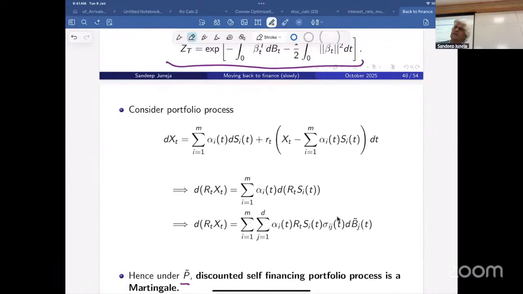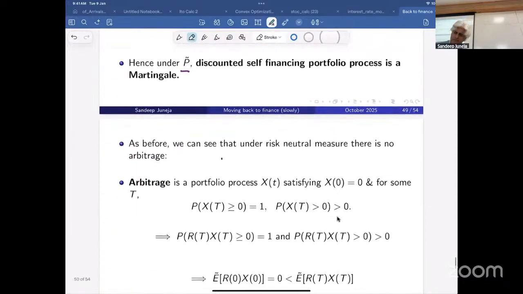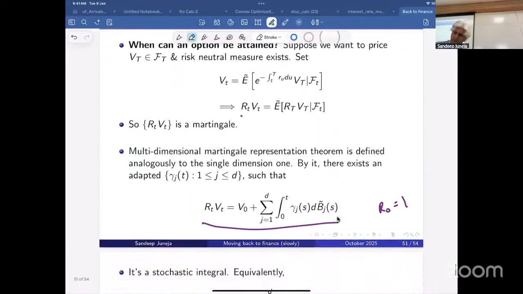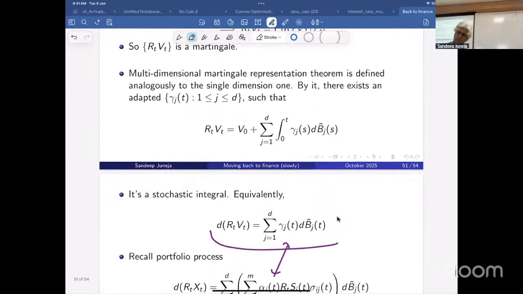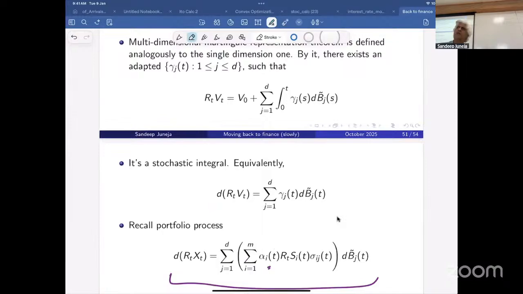I might have missed this discussion if it happened online. Everything that happened online is being repeated. So what if the matrix is not square? Then I'm not discussing that case, because typically it's assumed to be square. The number of securities I have and the number of noise sources I assume are equal.